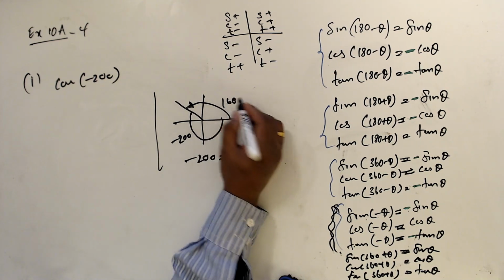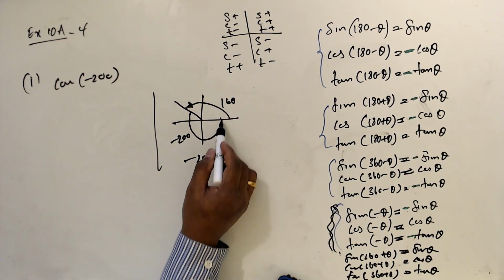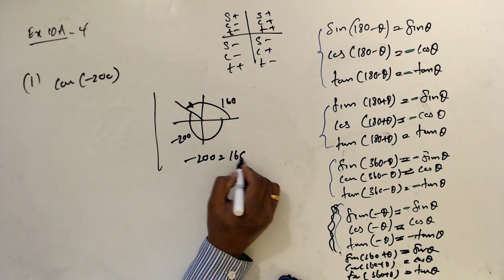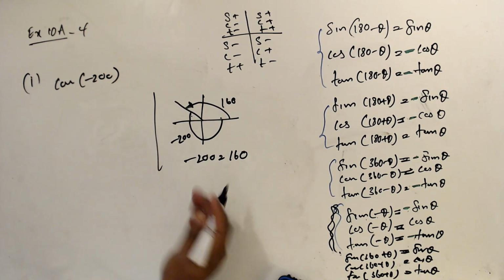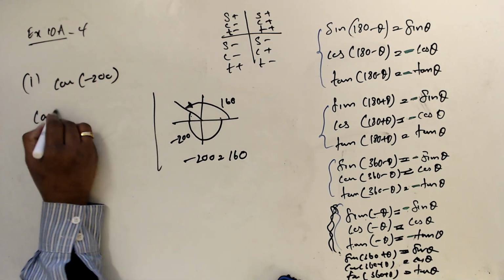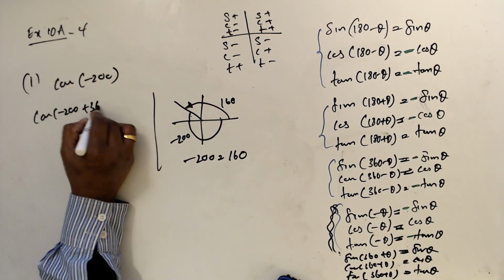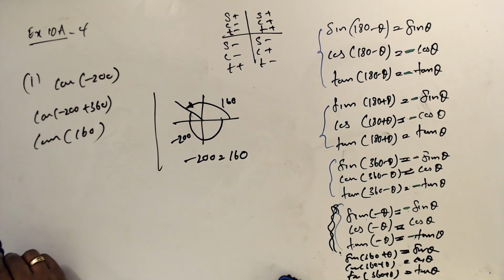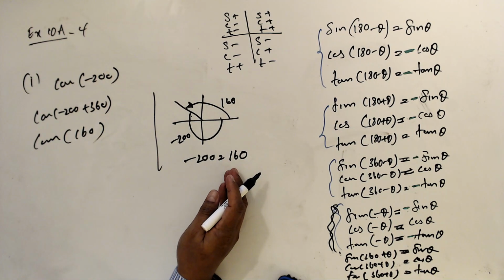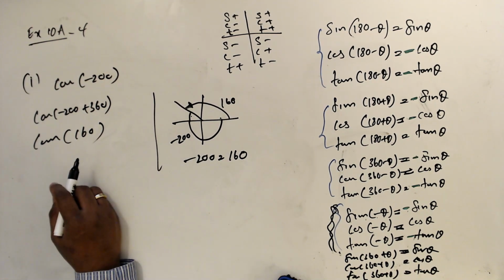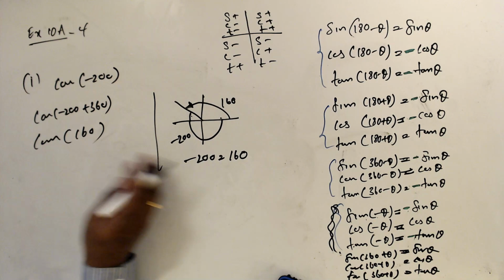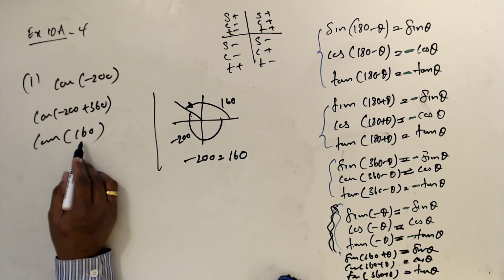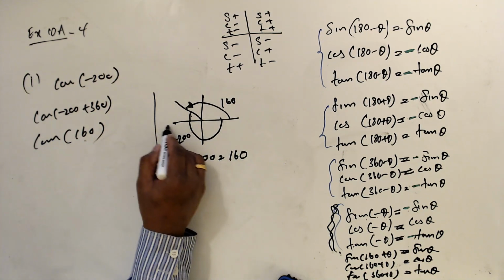So this is 160, because this whole is 200, then this has to be 160. So without drawing, you can simply do cos of minus 200 plus 360, cos 160. You can get the answer with the drawing or simply by adding 360. But you know now the reason for adding it. So cos 160 is not acute now. Now we are using this one.